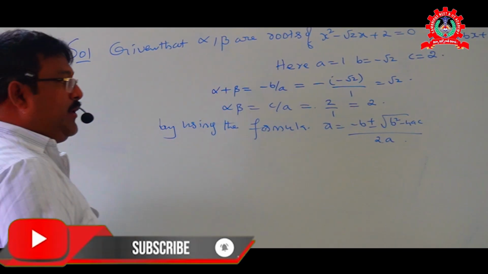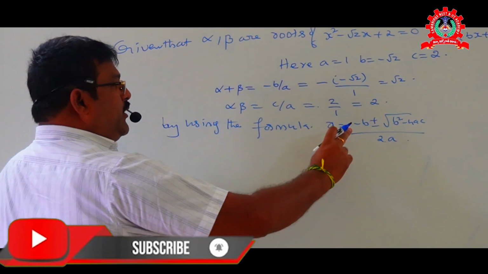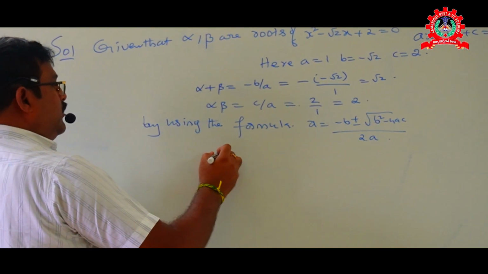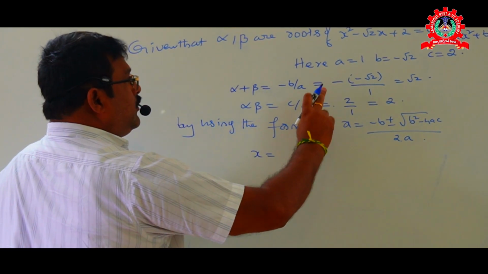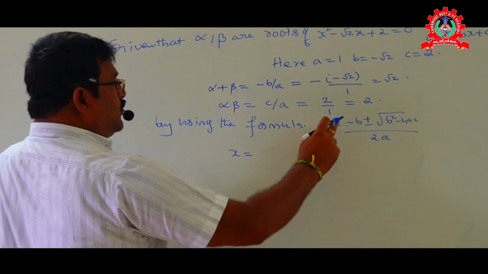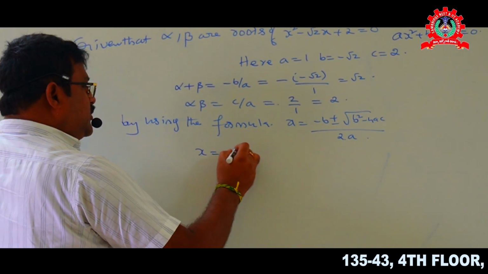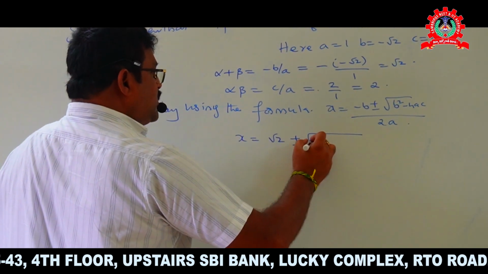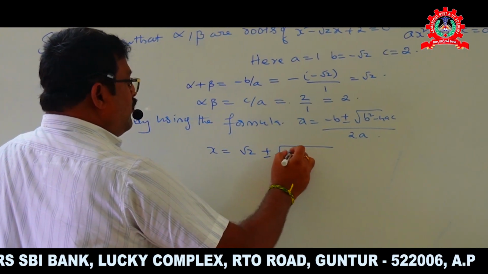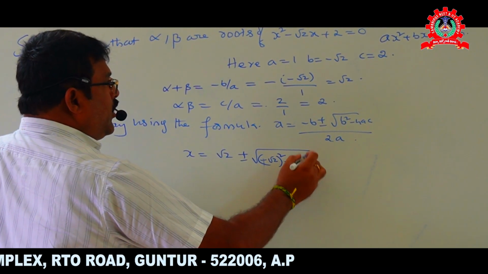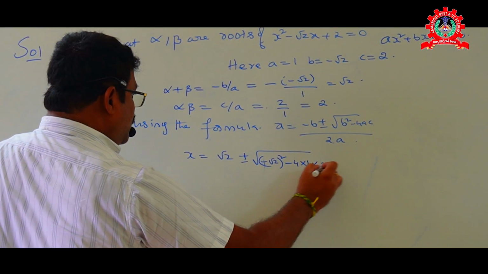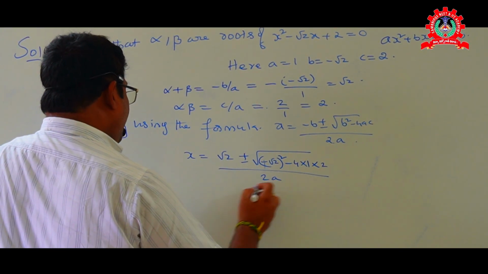Here b value is equal to minus root 2, so x is equal to root 2 plus or minus root of minus root 2 whole square minus 4 into a value 1 into c value 2, by 2a.